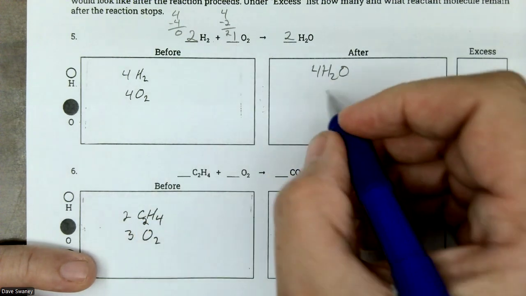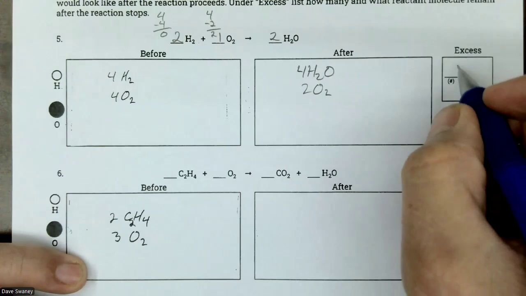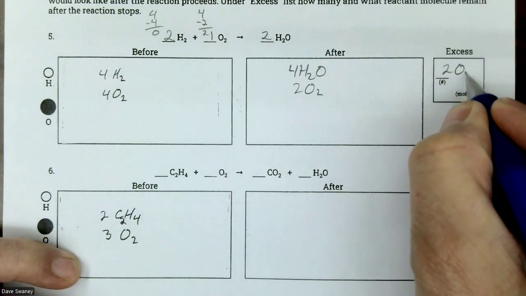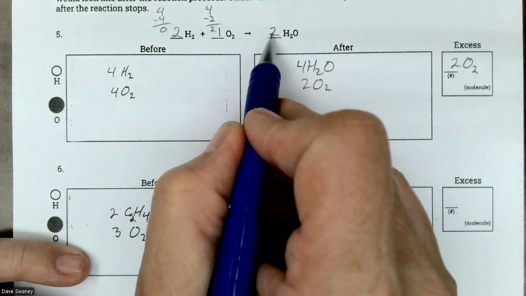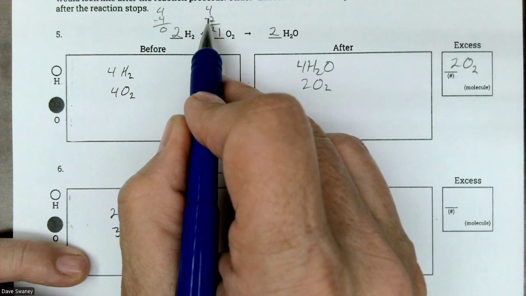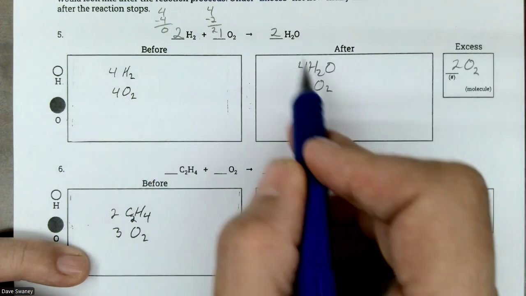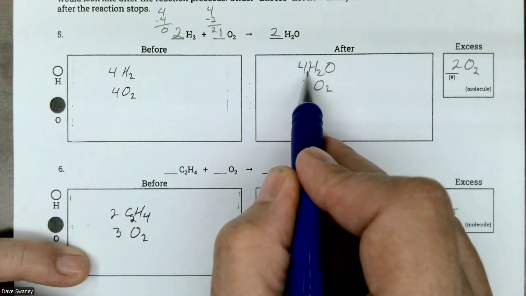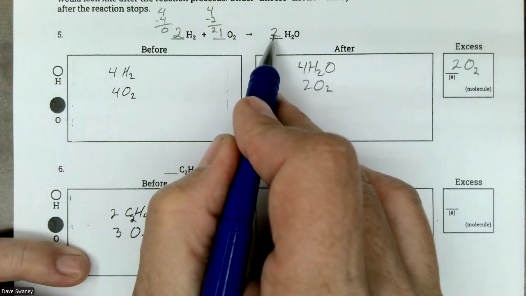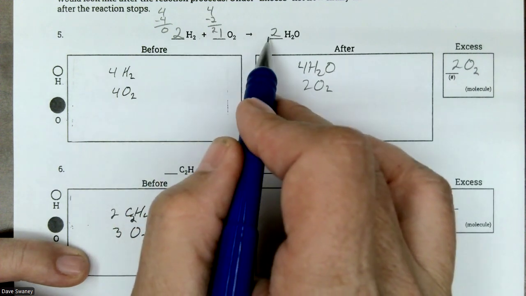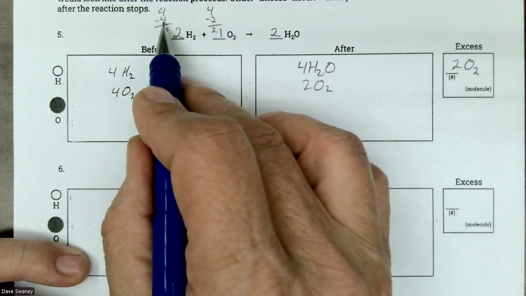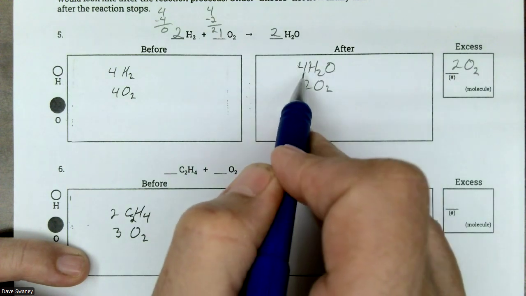There are 2 O2s remaining, and they are the excess. There's another way to think of this also. If 1 will get you 2, that's double, then 2 will get you 4. If 2 will get you 2, that's the same proportion. Then 19 will get you 19, 142 will get you 142, and 4 will get you 4, same answer.